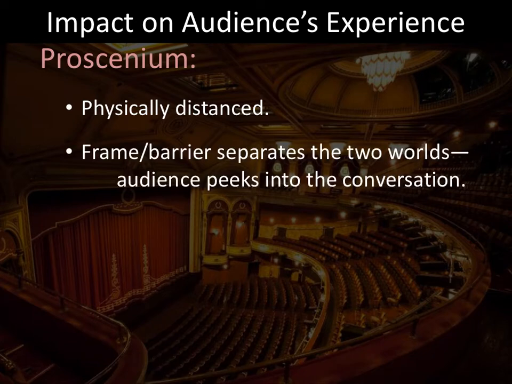Now we see that we have a frame or a barrier that separates the two worlds, and you have the sense that the audience is peeking into the conversation. And if you've ever performed on a proscenium stage, you'll know what I'm talking about. There's a definite barrier because of the lighting. The light forms a glare in the actor's eye or the dancer's eye, and there is a sense when you're on a stage with all the lights on that there is this great black hole on the other side of the proscenium arch.